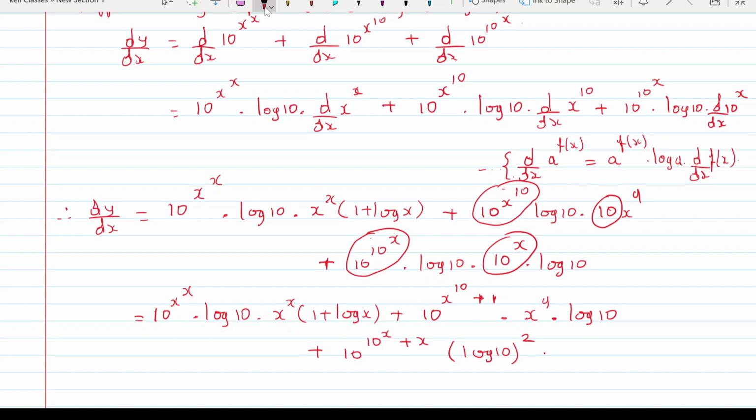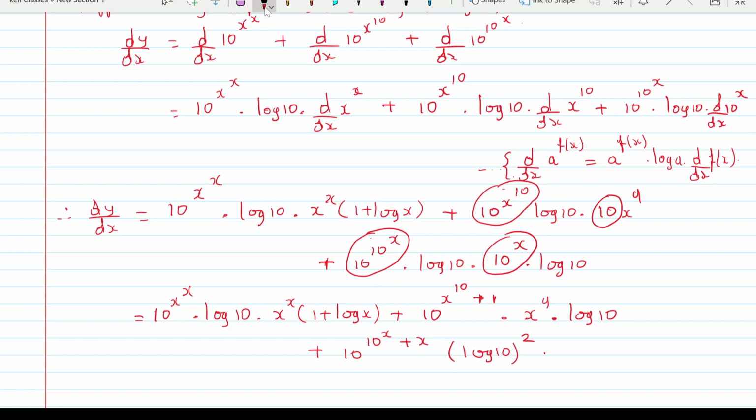So here we found out this x raised to x derivative; we have already found it out by equation 2. So that part is this one. So this is 10 raised to x raised to a raised to f of x into log a into d by dx of f of x, which is x raised to x. We could have done that with e raised to x also.